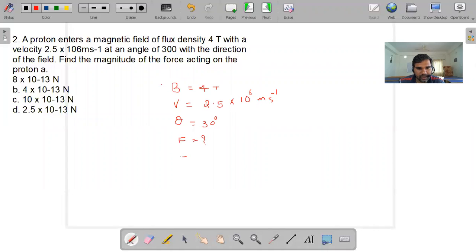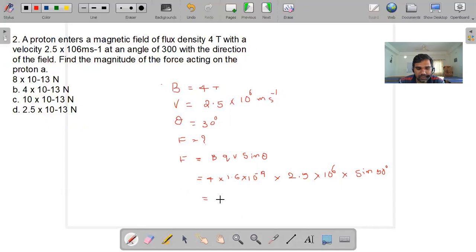So you know that F is equal to, direct formula, BQV sin theta. Now what is Q? Charge. Because it is a proton, the proton charge we have to substitute here. B is nothing but 4, proton charge 1.6 into 10 power minus 19, velocity is 2.5 into 10 power 6, and sin 30. Sin 30 is 1 by 2.